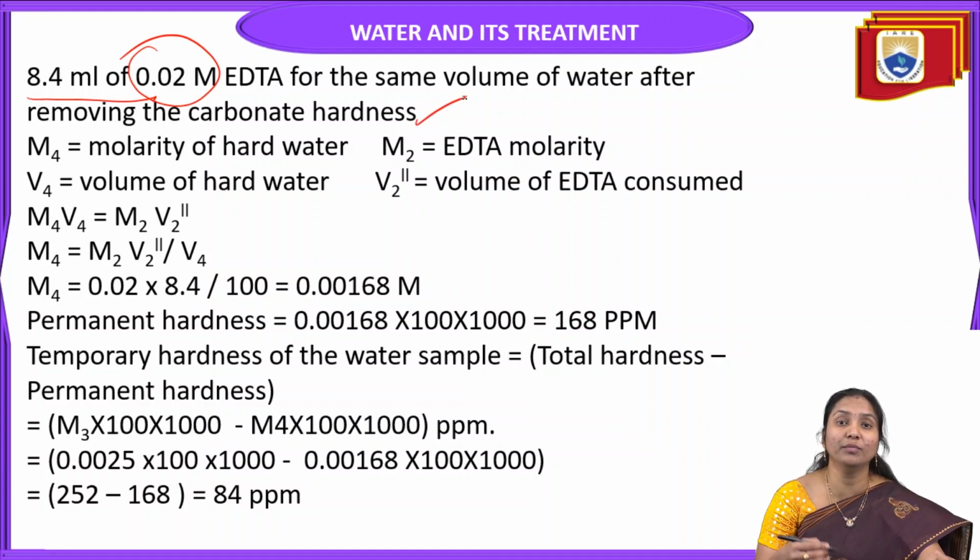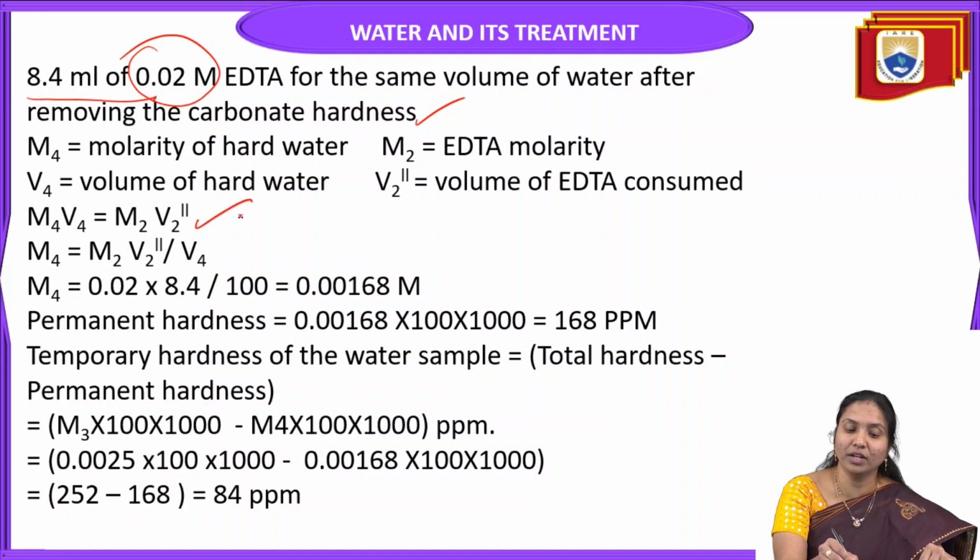By boiling, we can remove temporary hardness causing salts. Already we know that procedure. How can we remove the temporary hardness causing salts? So after removing temporary hardness causing salts, for 100 ml water sample the EDTA volume is 8.4 and the molarity of EDTA is 0.02 m.